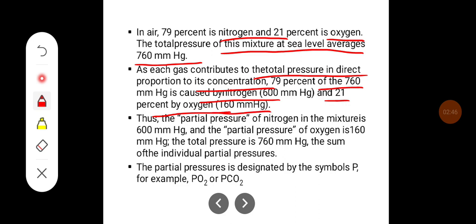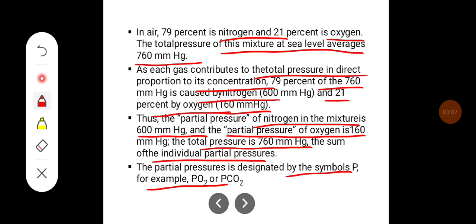Thus, the partial pressure of nitrogen in the mixture is 600 mm Hg and the partial pressure of oxygen is 160 mm Hg. The total pressure is 760 mm Hg, the sum of the individual partial pressures of the gases. The partial pressure is designated by the symbol P, for example, partial pressure of oxygen and partial pressure of carbon dioxide.